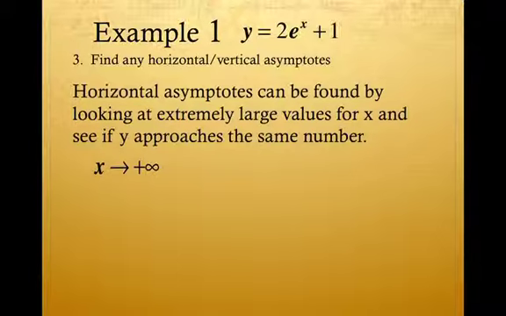So we're going to look at first what happens when we look at very positive large numbers and substitute it in for x. So if you imagine some large x number here, then e to the x is going to be humongous, then times 2 even more humongous, and this plus 1 doesn't even really matter. What's going to happen is we're going to have a function that goes off into infinity. It gets bigger and bigger and bigger.